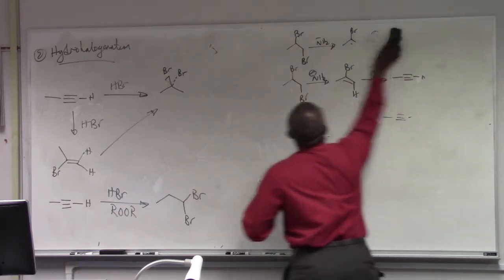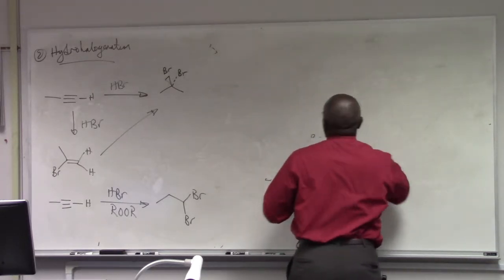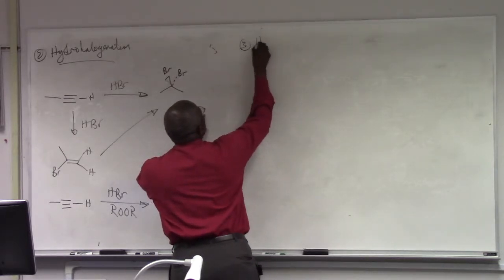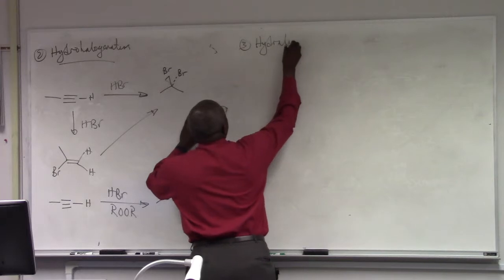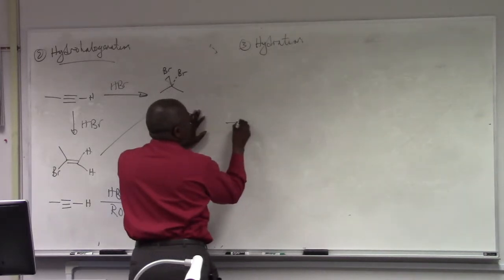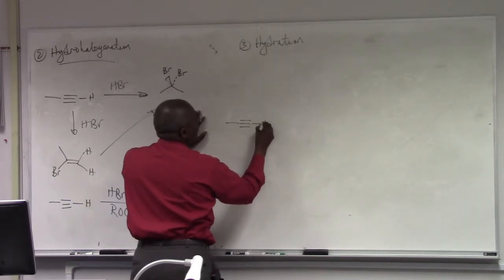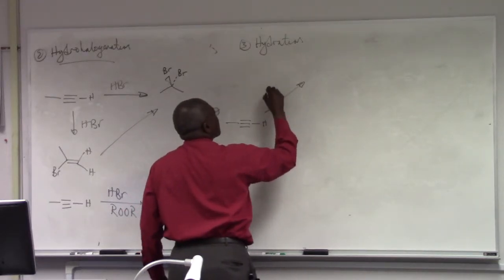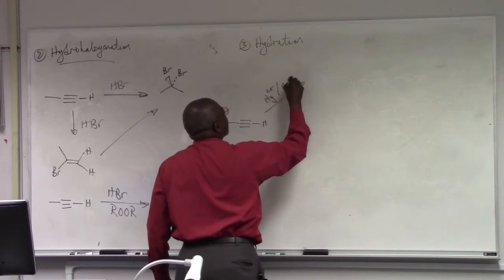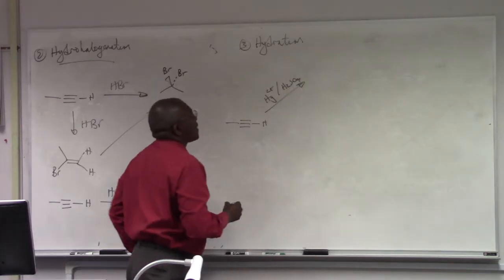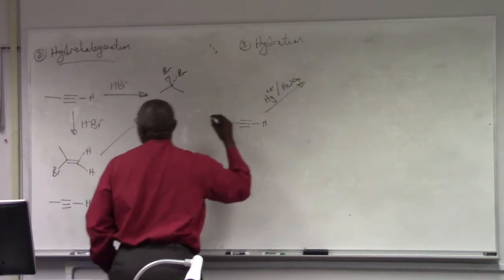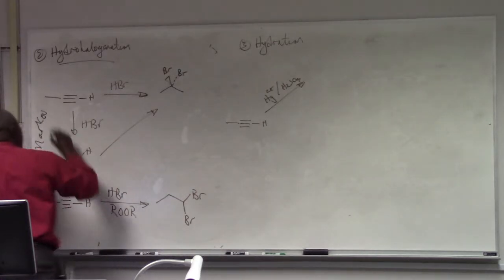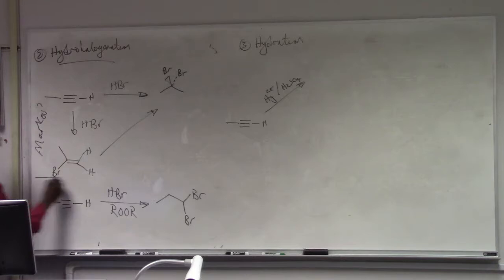And then finally, there's hydration. Again, if I treat the alkyne with mercury 2+ in sulfuric acid, I will get Markovnikov, so I should write out this as Markovnikov, and this is anti-Markovnikov.